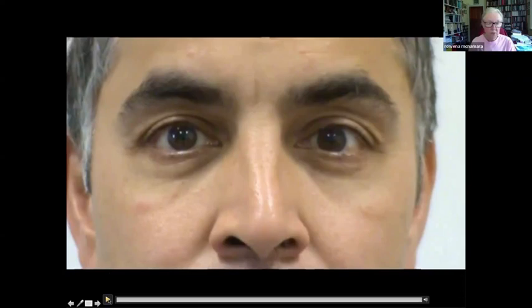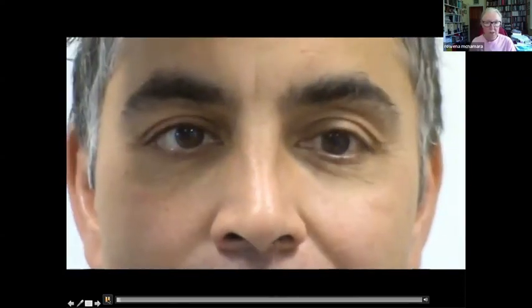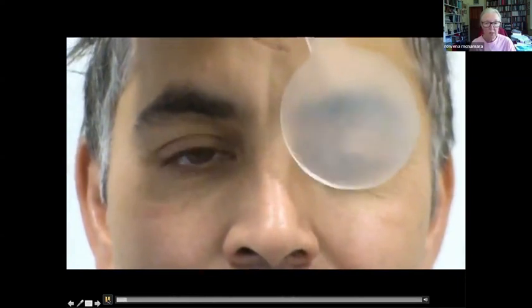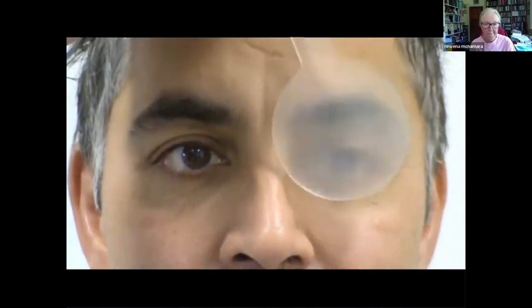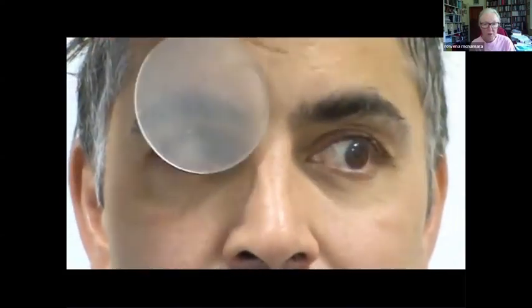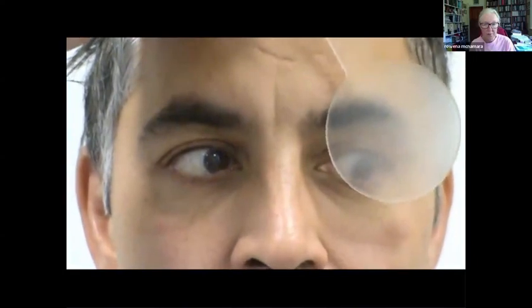Okay, so I'm just going to run that through one more time. The cover test shows a right esotropia with hypertropia, about 10 diopters. Directly into left gaze, the right hypertropia increases to about 20 diopters.